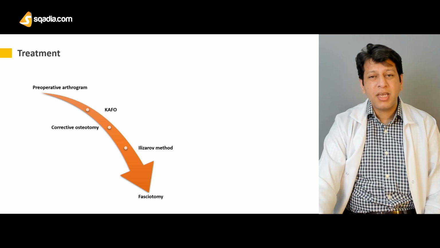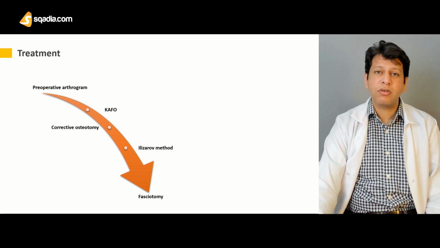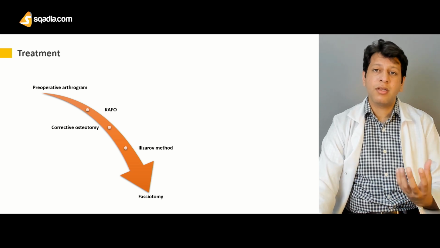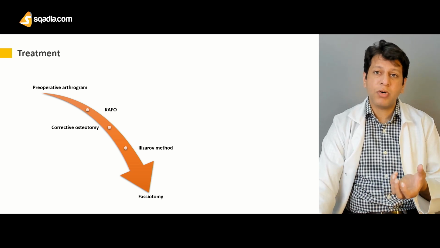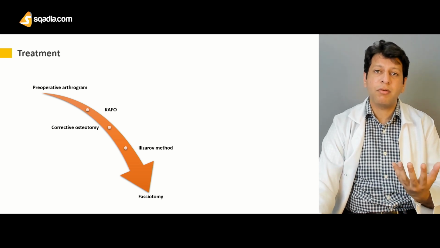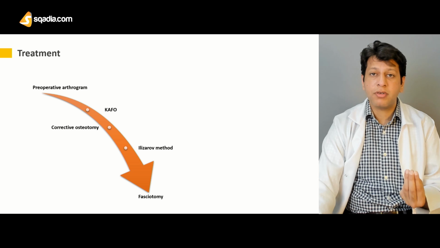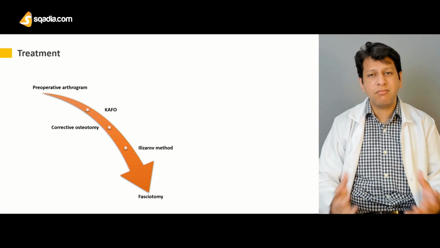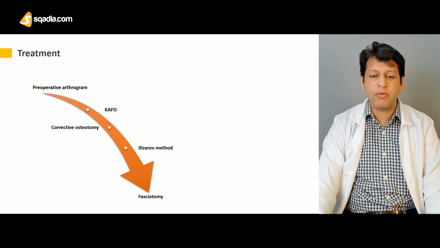Sometimes, not always, with the osteotomy you may or may not require a fasciotomy, because sometimes the deformity may be so much that correcting it with an osteotomy will predispose the patient to compartment syndrome. Therefore you may require some form of fasciotomy, but usually it's not done along with that.